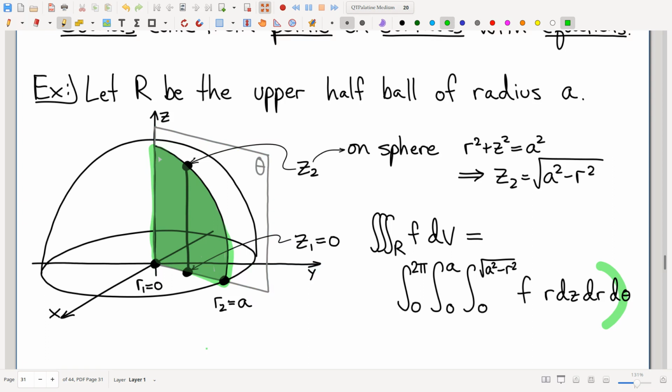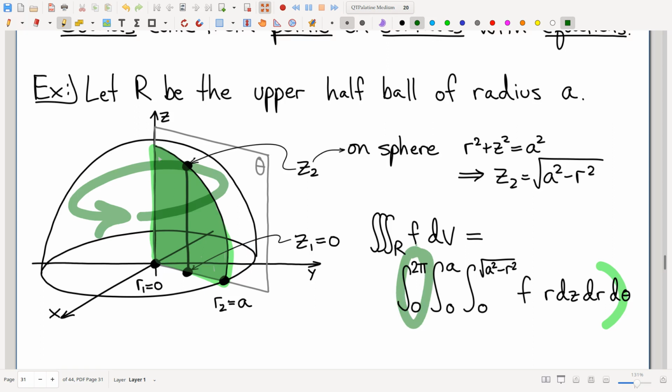Another geometric appeal. These kind of go all the way around. You might say they go all the way around because my solid encloses a portion of the z-axis. That make sense? Okay, so 0 to 2 pi.